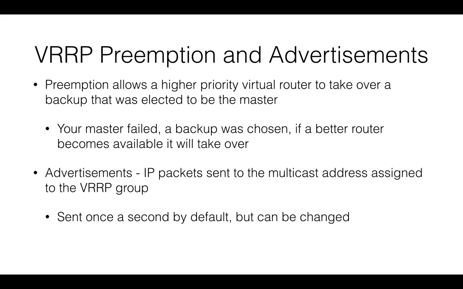Now there's two more properties of VRRP that we'll talk about. These two properties are preemption and advertisements. Basically what preemption allows us to do is when a router enters the VRRP scenario and it has a higher priority than any of the other backup routers or even the master router, the router with the highest priority will just take over that master status.